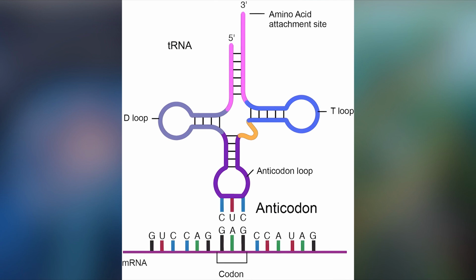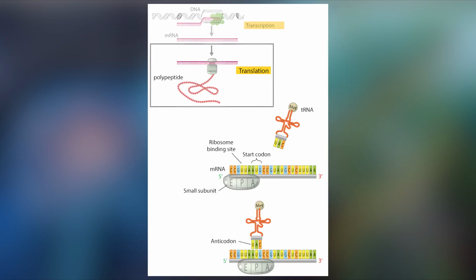Now, conceptually, the translation process, once we understand all the parts that are involved, is actually fairly simple. Basically, the small ribosomal subunit binds to a particular region of the messenger RNA, and it bonds to a specific codon of the RNA, which basically represents the start codon.